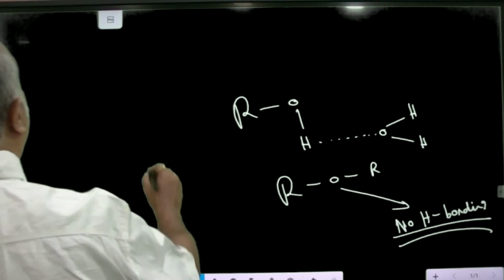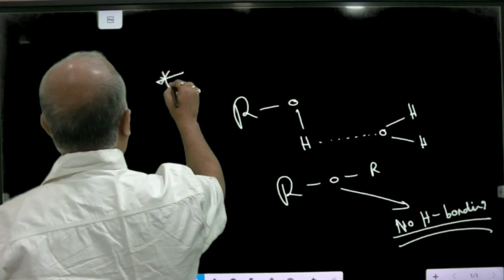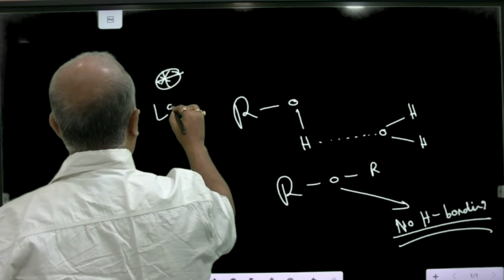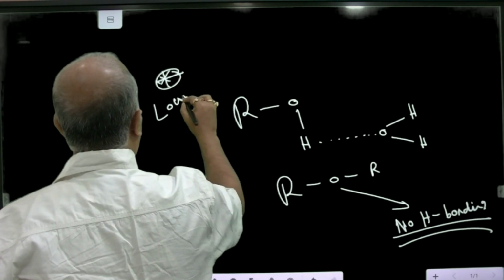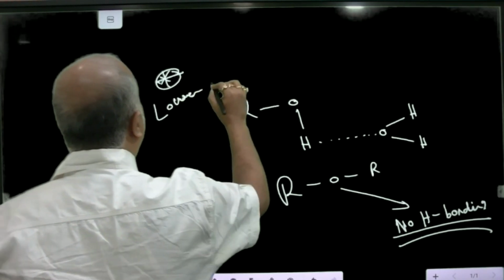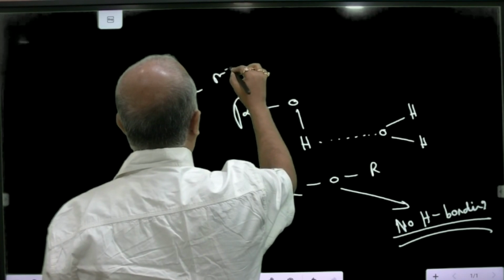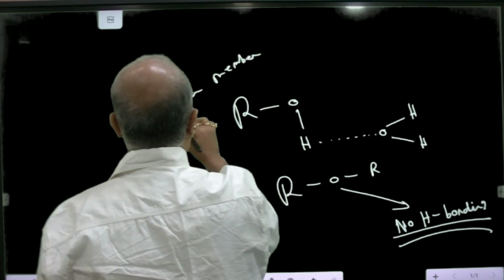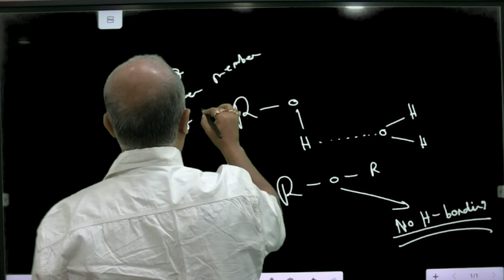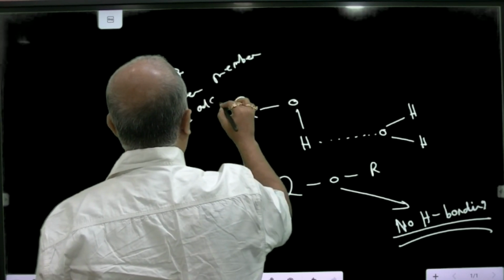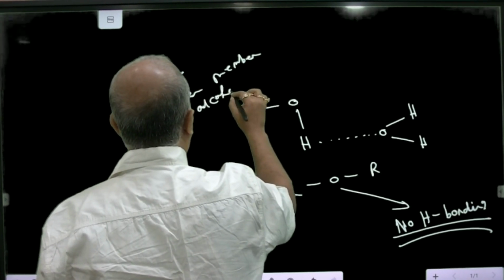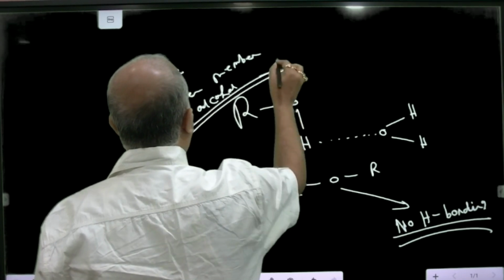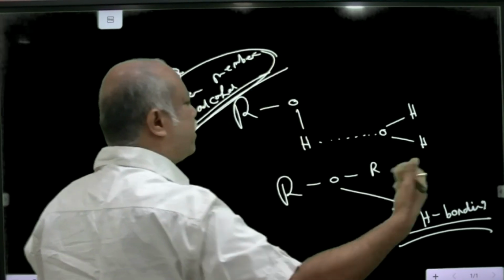Another one: lower member of alcohol is much more soluble than higher member of alcohol.